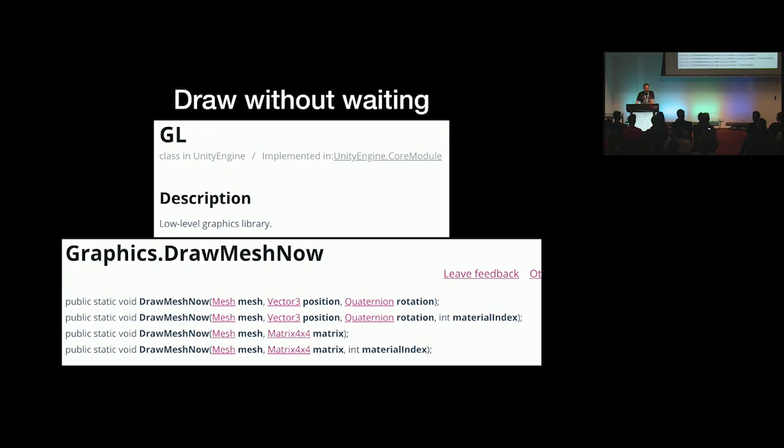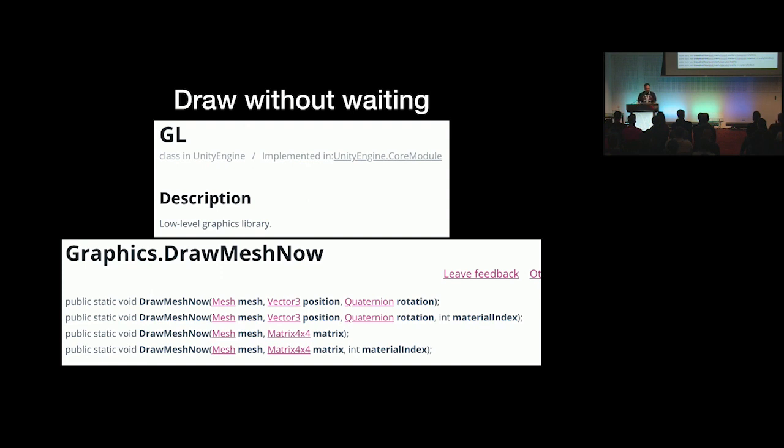It's a low-level graphics library. When you render using GL, it renders immediately. You don't have to wait for Unity to go into its render loop and render and batch everything. Graphics.DrawMeshNow is similar, and it also renders immediately.